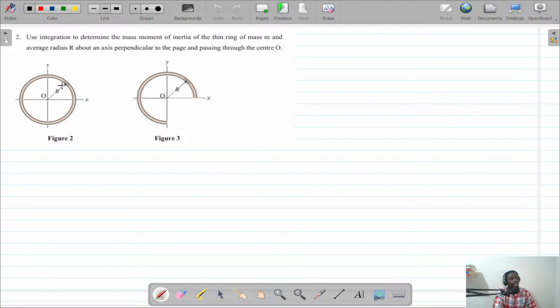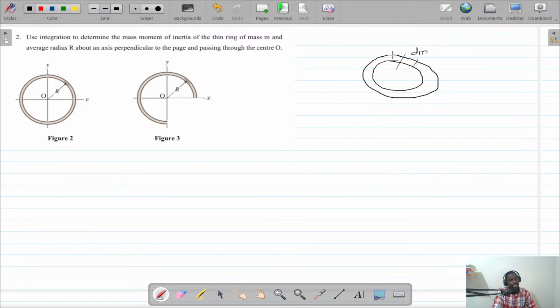So we have the ring here, and we need to find the moment of inertia of the ring. If we draw the ring, we can take an elemental mass, the dm here.